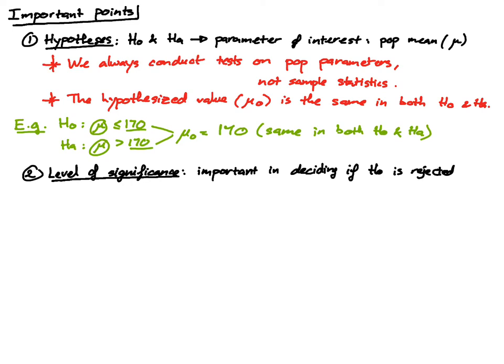Why is this? Because if you recall, we use the level of significance alpha to find the critical values if you use a critical value approach, because it determines the critical values, and we compare the p-value against it if you use a p-value approach.